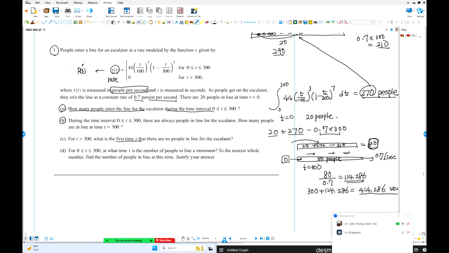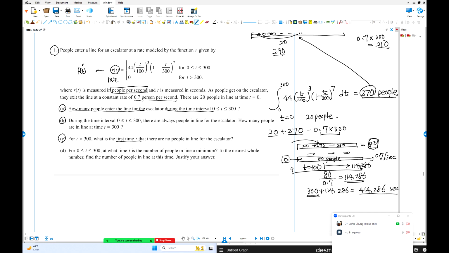Then nobody is in the line of the escalator. But you have to add 300, don't forget this one. For the first time, t is counted from 0, not after 300. After 300, it takes 114.286 seconds. So from the beginning we count the sum of all of this time, so we have to add these two.